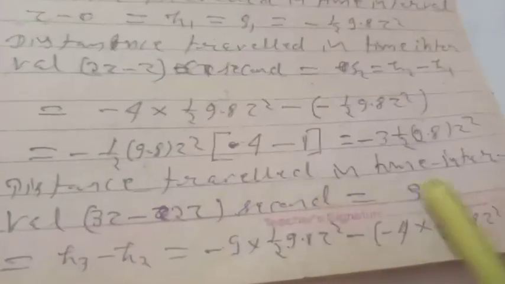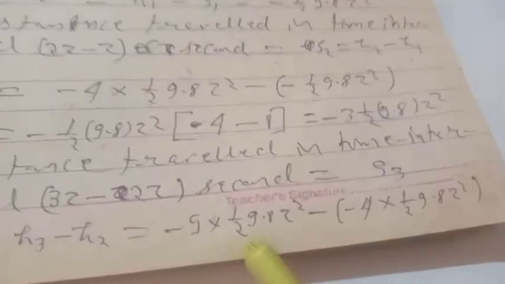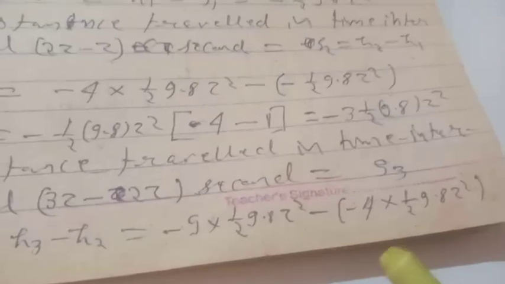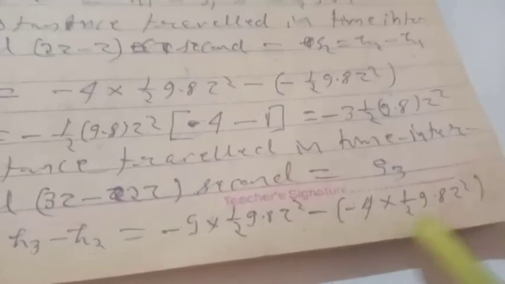Similarly, the distance traveled in the time interval 3 tau minus 2 tau seconds, S3, equals h3 minus h2, which is minus 9 into 1 by 2 into 9.8 into tau square minus of minus 4 into 1 by 2 into 9.8 into tau square.